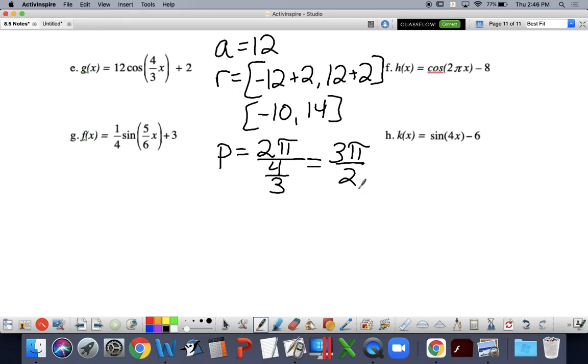Go ahead and try G on your own, or let me know if you have questions on those 2 that we've done so far. Feel free to use your calculators for that fraction math.